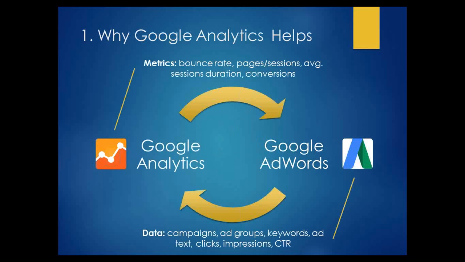Once you've connected, you can pass information from one system to another. They play really well with each other because both these products are Google products. You can pull data from one system to another, and it's going to give you a much more complete picture of what's actually going on with your campaigns.